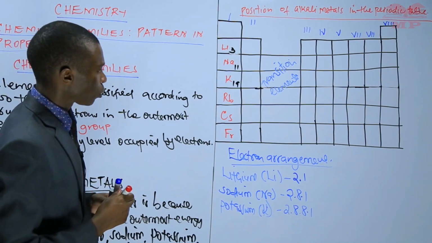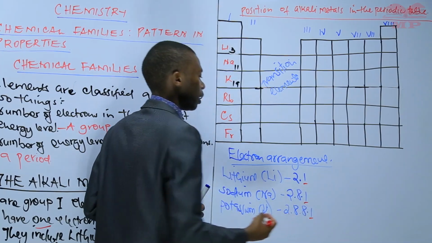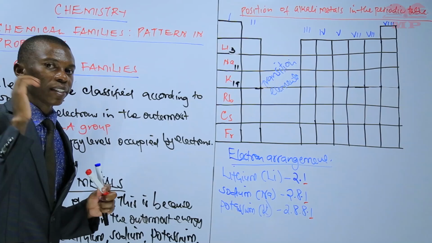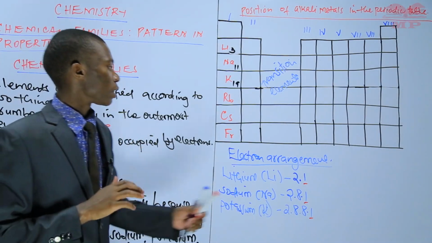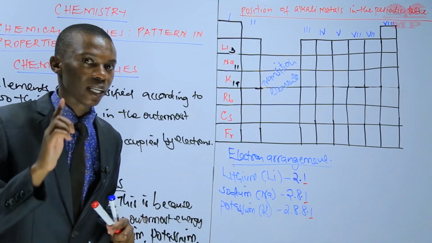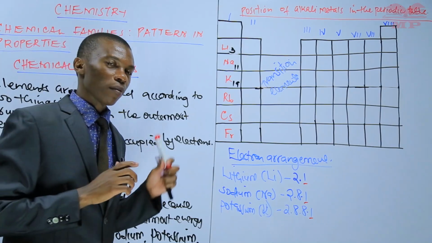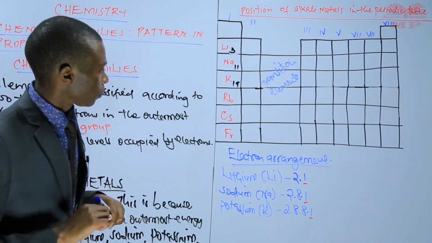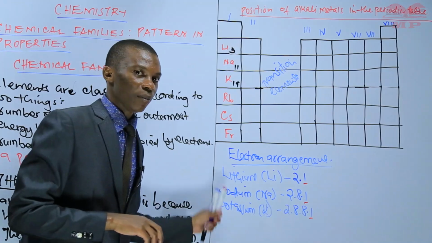Therefore, if you look at the electron arrangement, each of these elements has 1 electron in the outermost energy level. So that 1 electron is what determines the group of these elements. All of them belong to group 1 because they have 1 electron in the outermost energy level. And these are what we call the alkali metals.